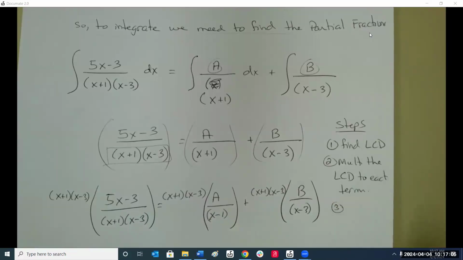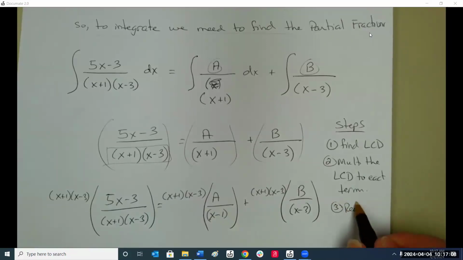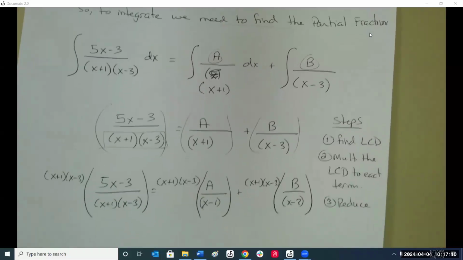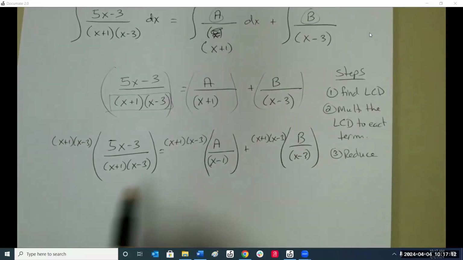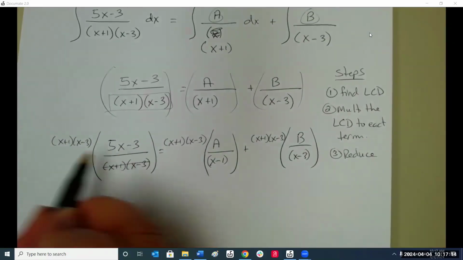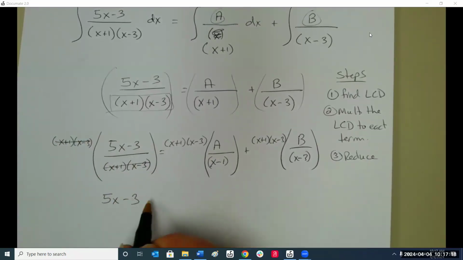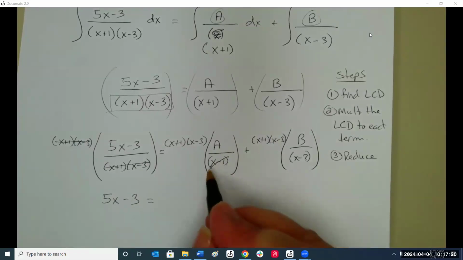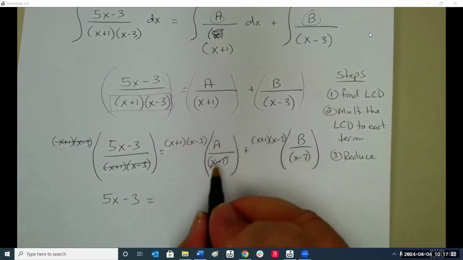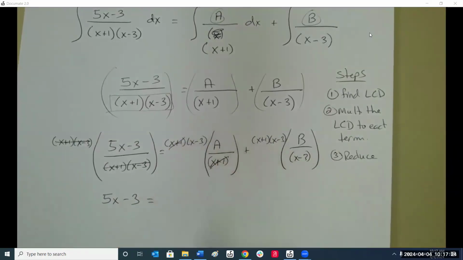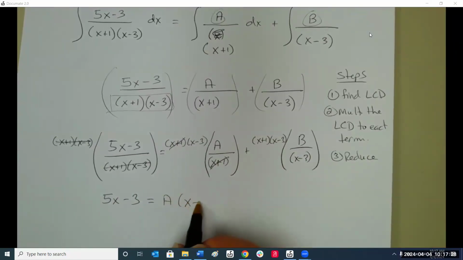Third step, reduce. In other words, cancel what you can. Both of these cancel with both of those, so we get 5x minus 3. The x plus 1 cancels, so we have A times x minus 3.